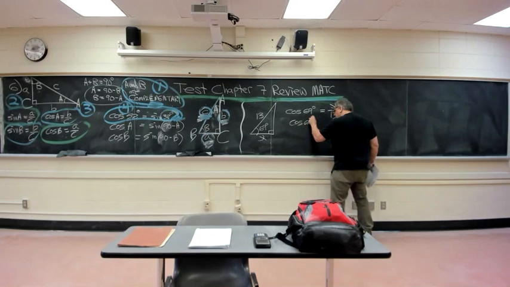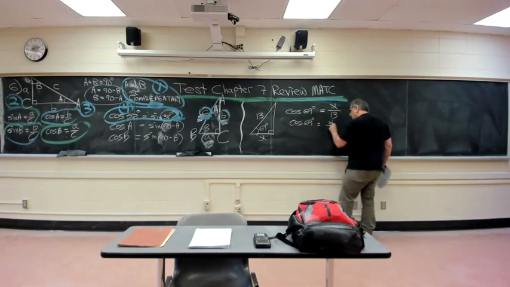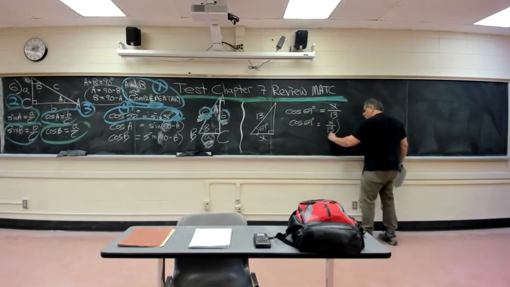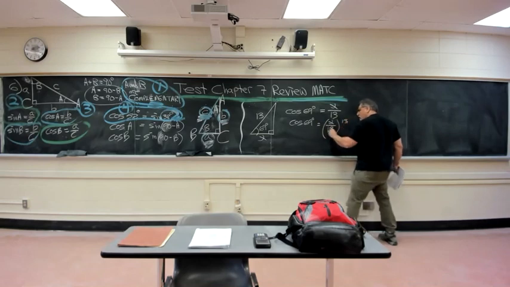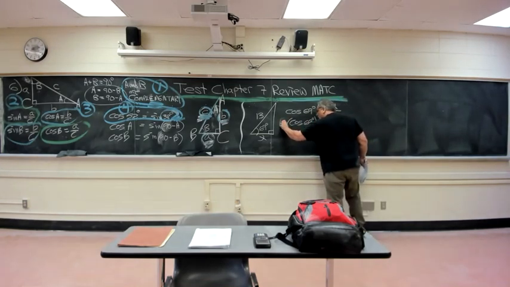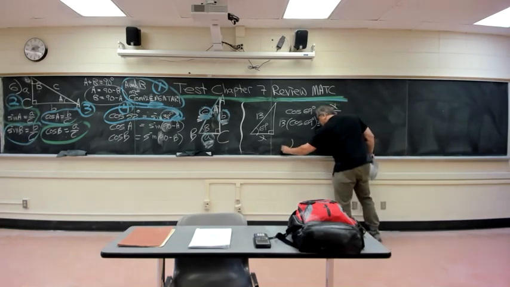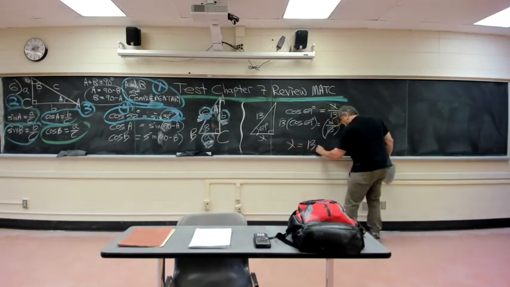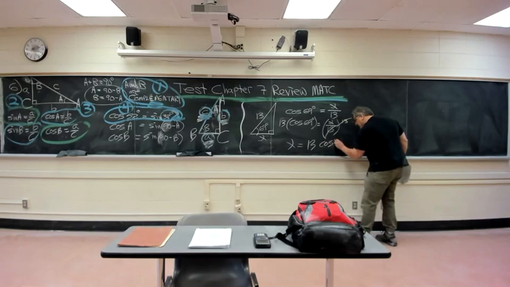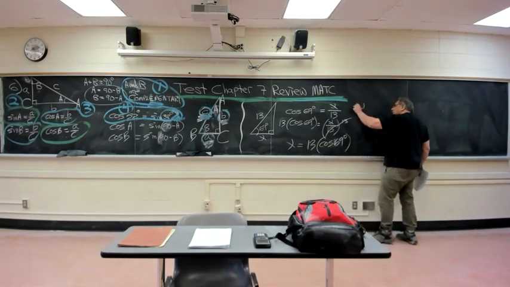So you got x over 13. You multiply by 13 on each side. X equals 13 times the cosine of 69 degrees. The cosine of 69 degrees is, get an answer and multiply it by 13.